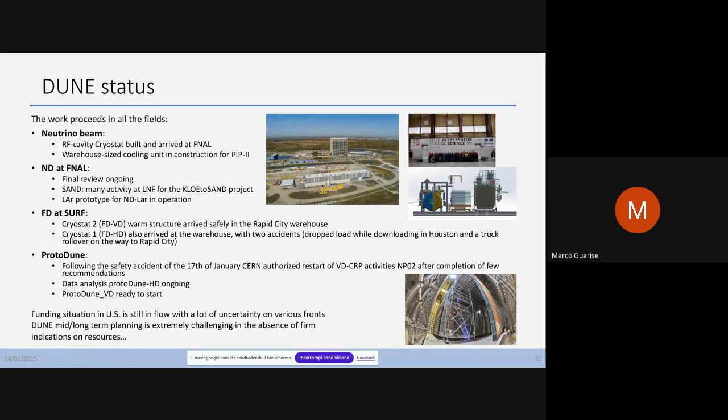And related to SAND, the detector, KLOE is in Frascati, and there is a lot of work on the so-called KLOE-to-SAND project. So they are dismounting the calorimeter and refurbishing the electronics, the photodetectors, and so on. And later on, the detector will be shipped to Fermilab.